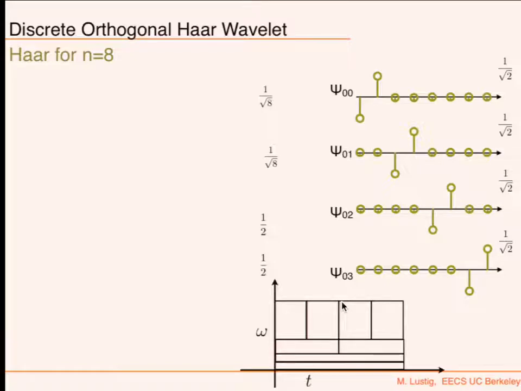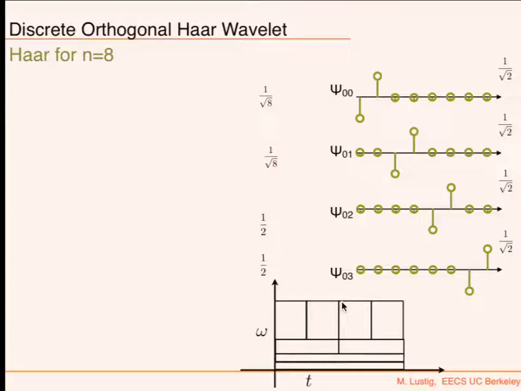Okay? So after doing an inner product, so multiply and add with this function, then multiply and add with a second one, multiply and add, I'll have information about high frequency components at 4 positions in time. Okay, so I have time and frequency information, right? But I don't have very good resolution in the frequency, right? It's pretty coarse.